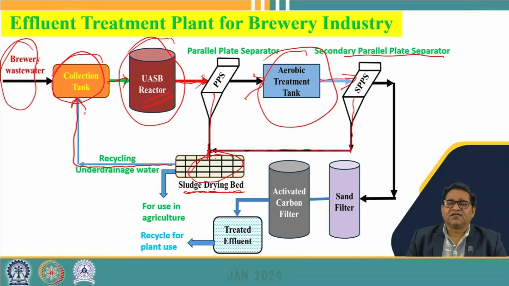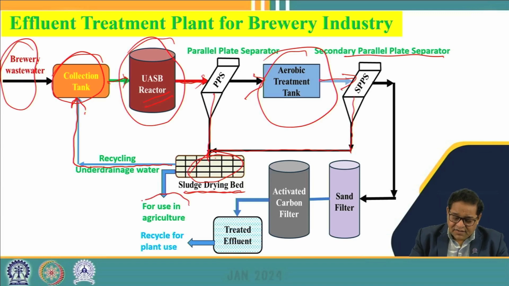Whatever water is filtered, and at the top of the bed there will be biomass that undergoes drying through the sun. This sludge drying takes place over about 10 to 15 days. After drying, the sludge material has to be taken out, and it is anaerobically converted into a good manure.